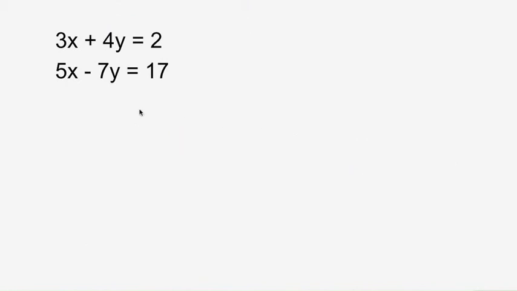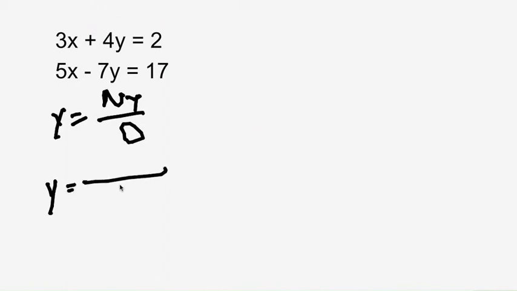For Y, you know that Y equals NY over D. We already know from solving for X that D equals negative 41, so you don't have to redo that. But for the Y one, remember you do the Y matrix: you keep the X coefficients 3, 5, and put in the ones from the right-hand side of the equation, so 2, 17.